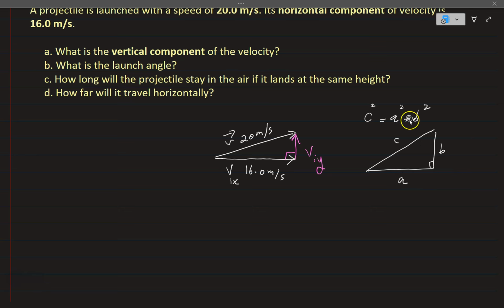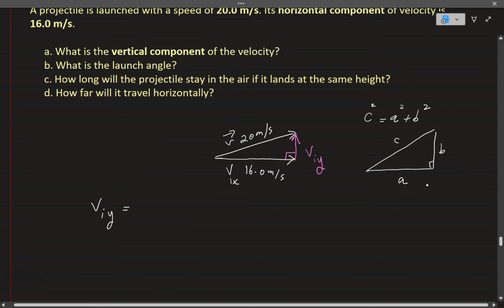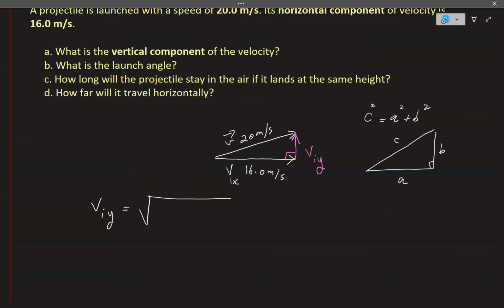And of course, we can use Pythagorean to solve for any other variable, the A variable or B, the side doesn't matter. We're going to use the VI, and then do the subtraction. So VIY is equal to the square root of 20 squared minus 16 squared.